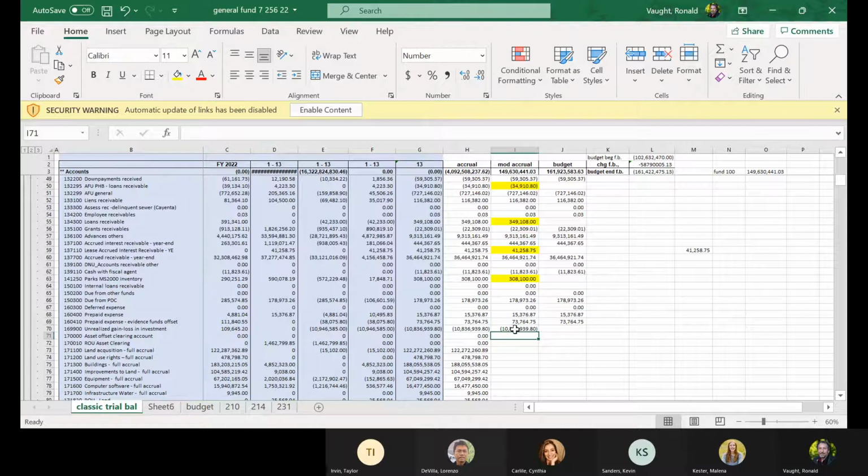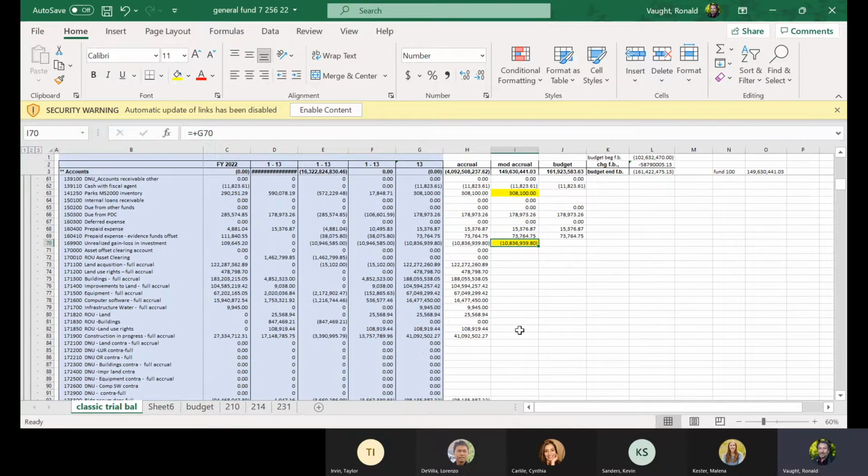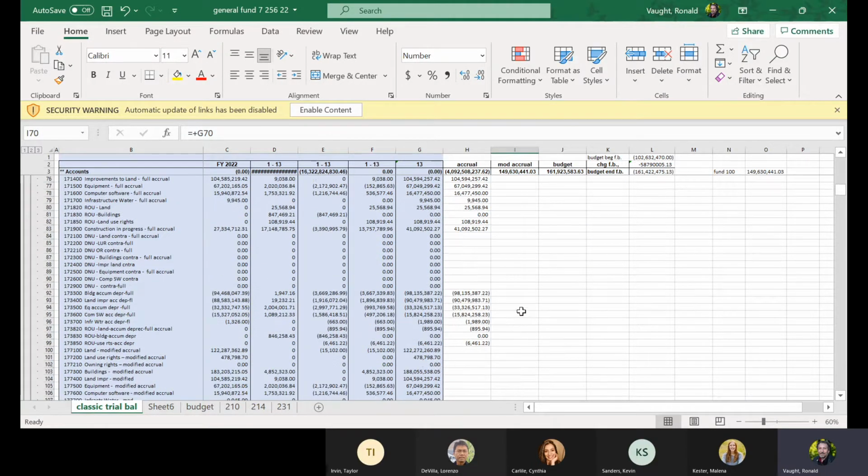I didn't highlight that one. So unrealized gain and loss, we don't do the mark-to-market entry on the budgetary basis. So that's not a budgetary asset, or in this case, liability.